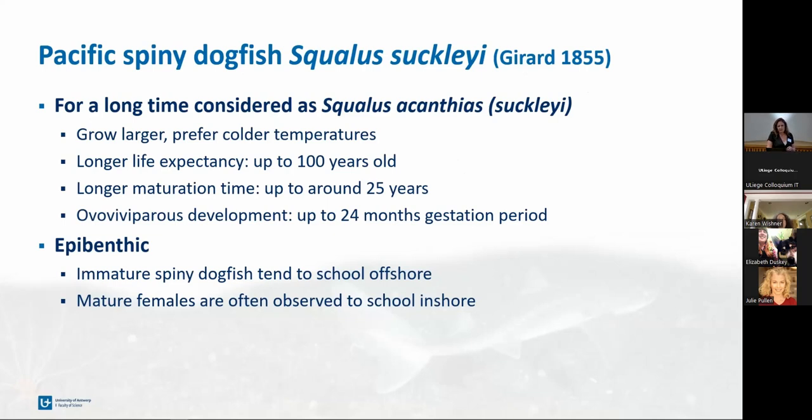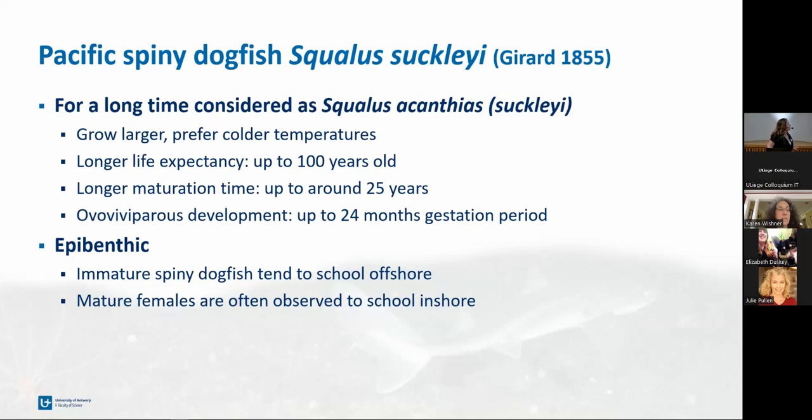And as Jody mentioned before, some of these sharks really have long lifespans. So this species is considered to get up to 100 years old, and they only mature at 25 years. So it's important to estimate the effects of climate change on such species that would take a really long time to recover.